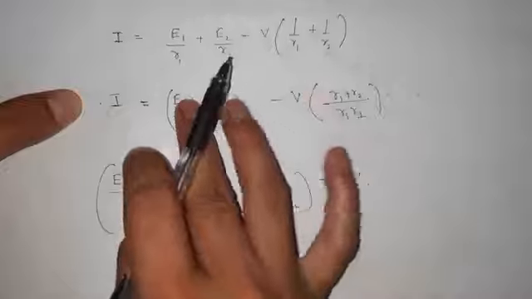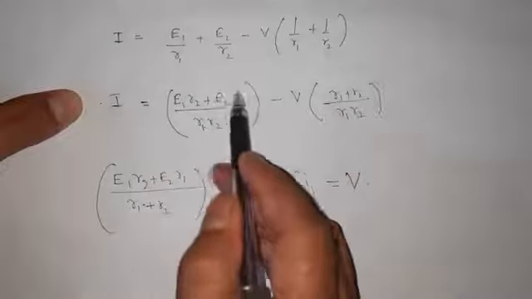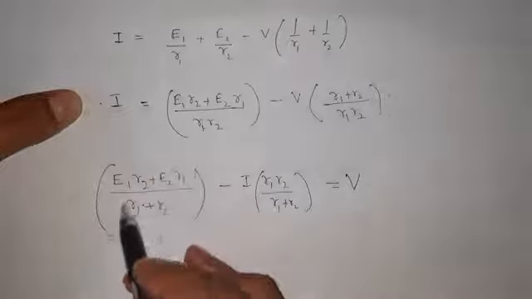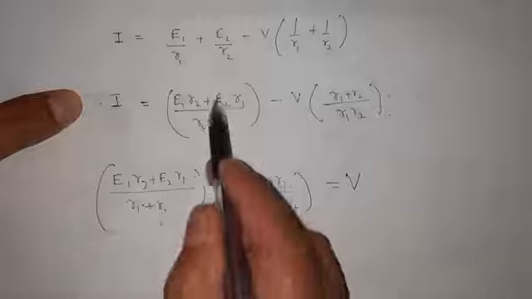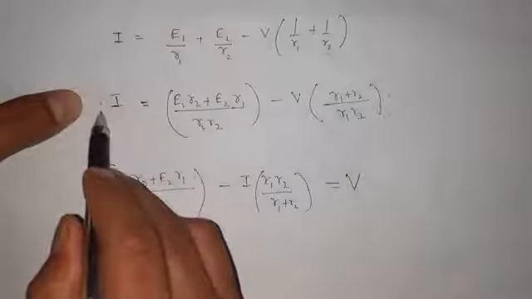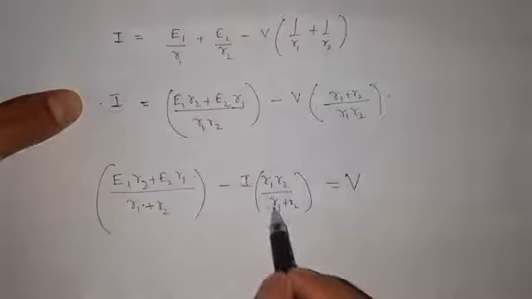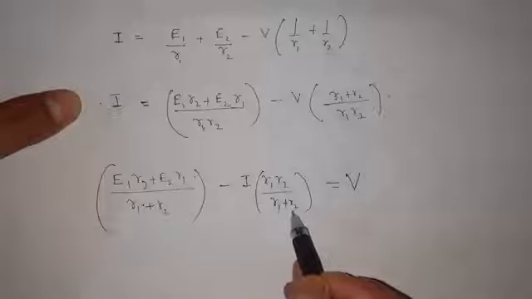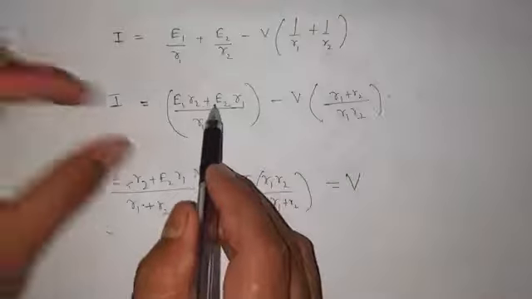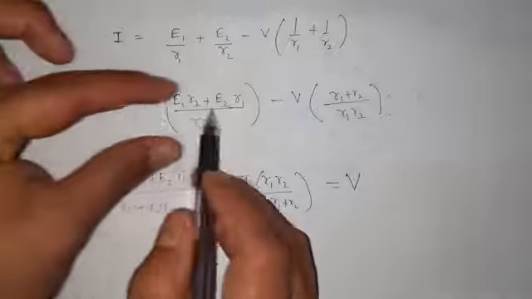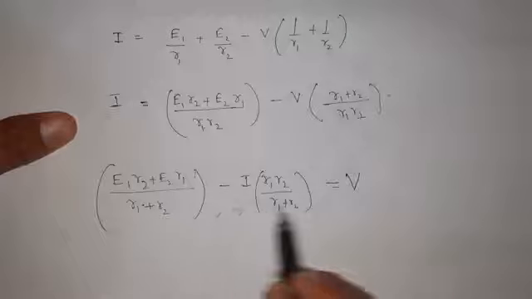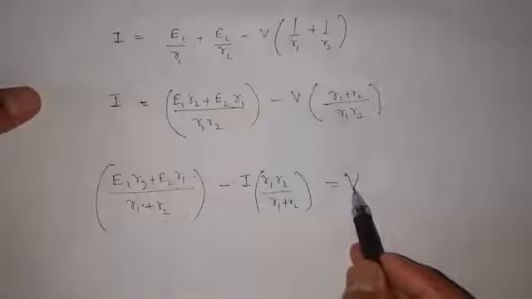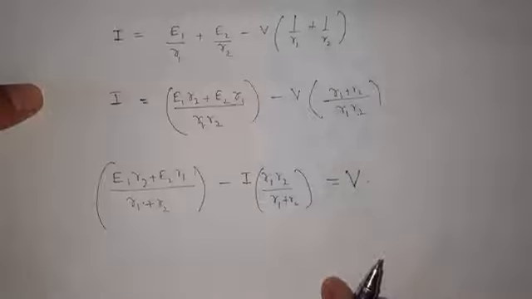So there it became a divide, and then we have taken it to the left side, so it has gone in the divide, R1 plus R2, and finally we got the terminal potential difference.